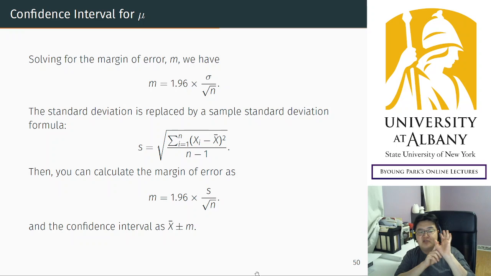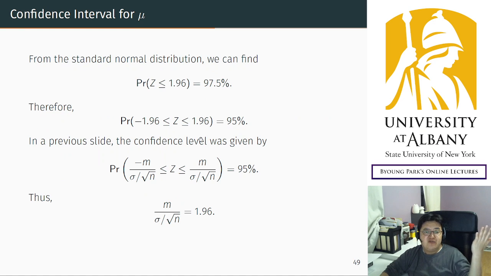You have to calculate x bar, the sample average, which is really easy to calculate. And then you have to find this value, 1.96, according to the confidence level. If you use a different confidence level, this value will change, then this value will change too.